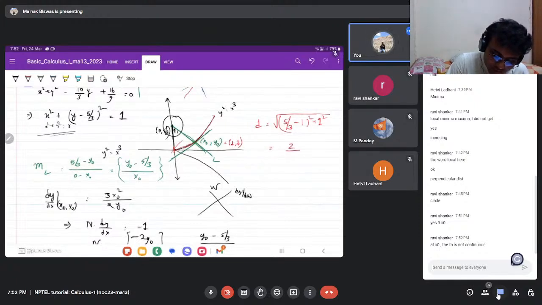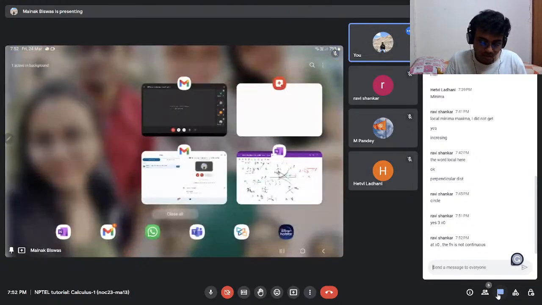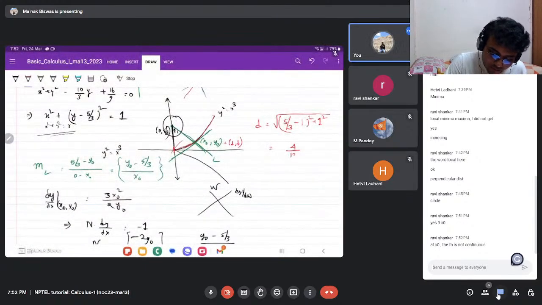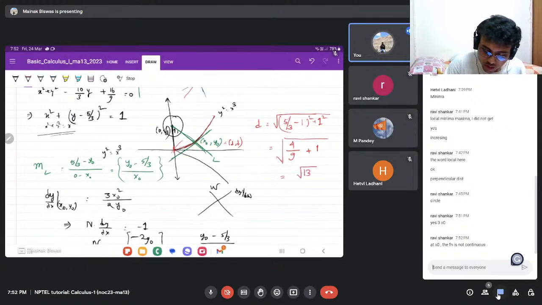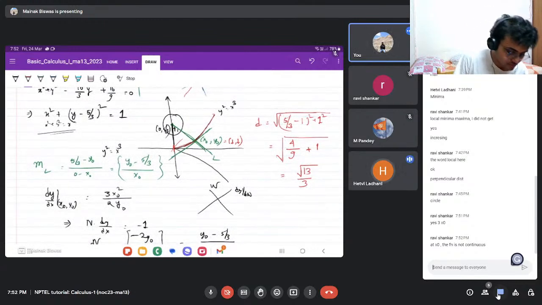So this is a very nice problem, I think. If you understood, if you have a doubt, you just go ahead. So this is your 3, 2, 4 and you have 3 squared is 9. So you have 13, root 13 by 3. So is this the minimum distance between the two curves? Yes, sir.